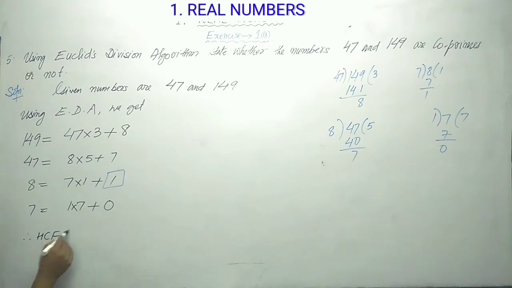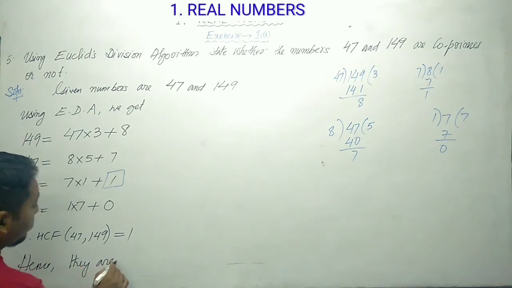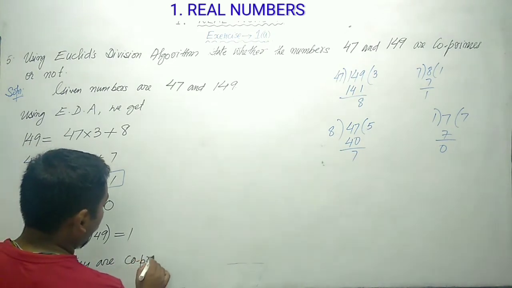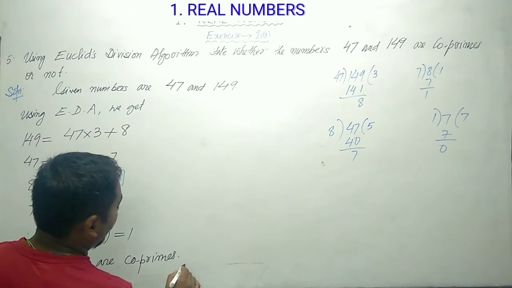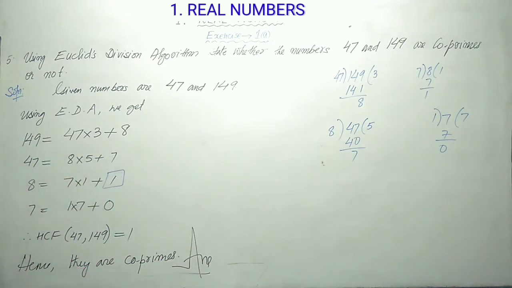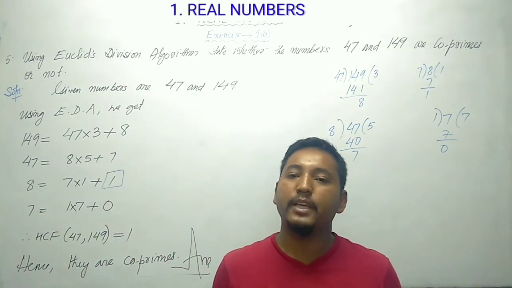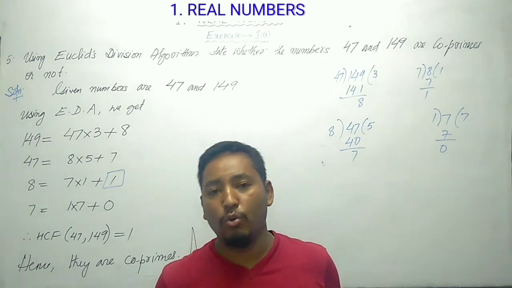Therefore, HCF of 47 and 149 equals 1. Hence, they are co-primes. That is our answer. If the HCF is 1, the numbers are co-primes. If the HCF is not 1, the numbers are not co-primes.